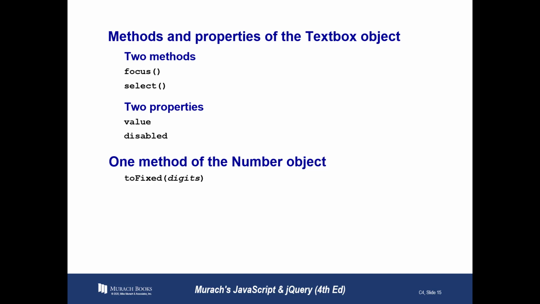So focus is an example of a method that you can put on the elements that are in a web page. You can also change the focus. When one element loses the focus and another one gains the focus, the one that lost the focus runs what's called a blur event, and the one that gets the focus runs a focus event.